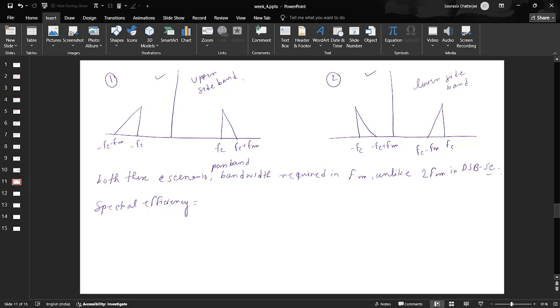So that is what spectral efficiency as a metric quantifies. If I try to write a very simple expression for spectral efficiency, it would be the information sent and what is the bandwidth required for that.